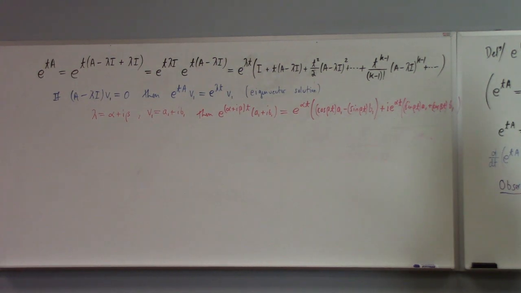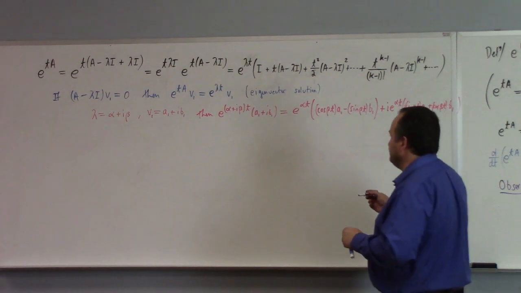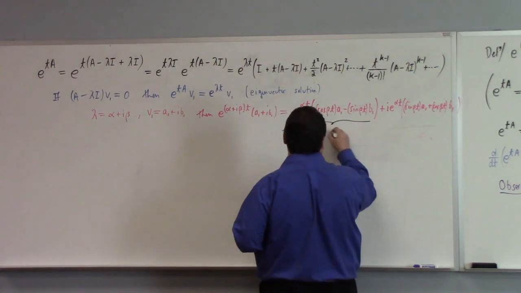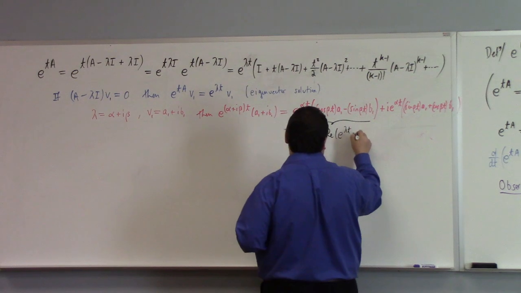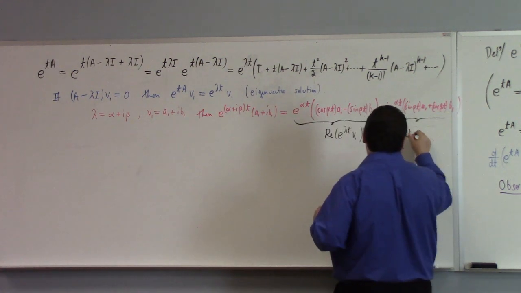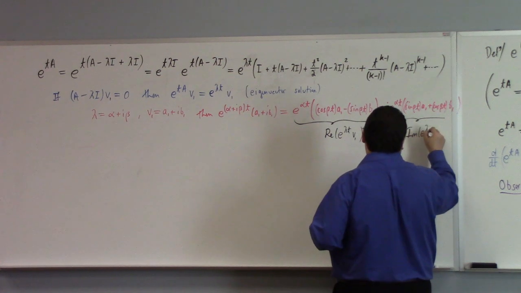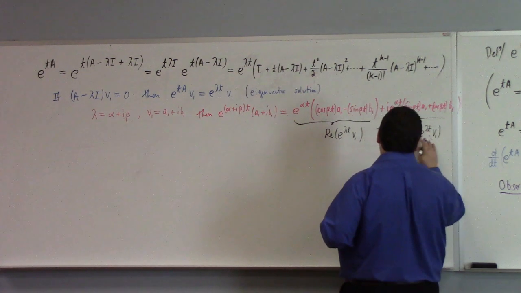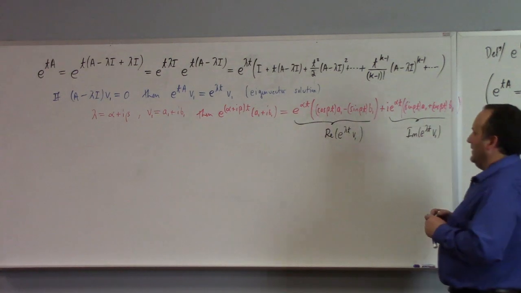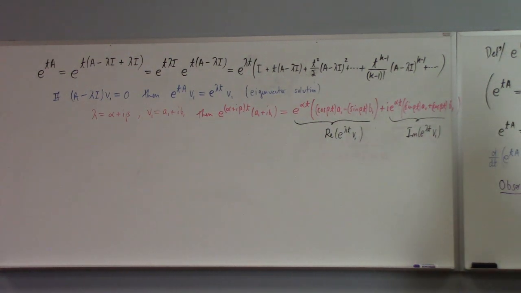So in the case that you have a complex eigenvector, you get two real solutions, in fact, from the real part and the imaginary part. This is the real part of e to the lambda t v1, and this is the imaginary part of e to the lambda t v1. And those will be linearly independent.